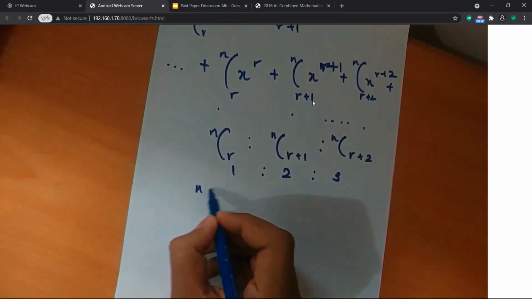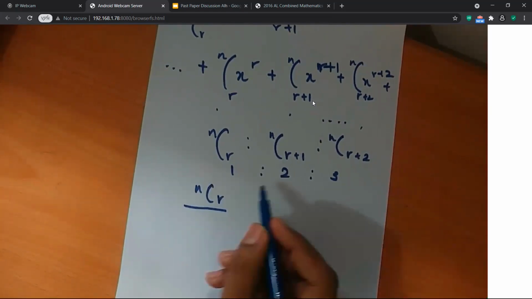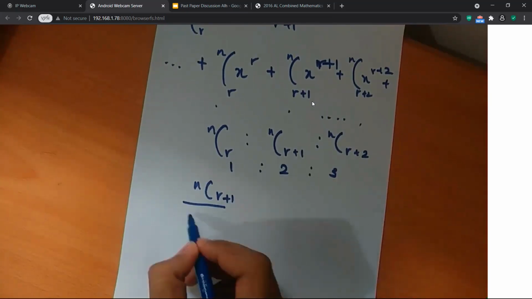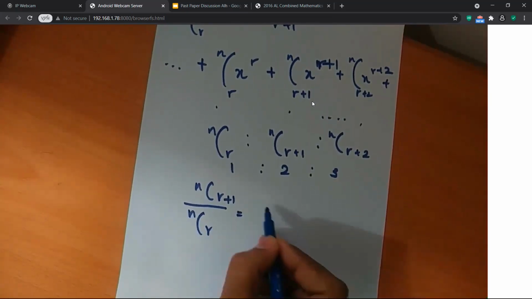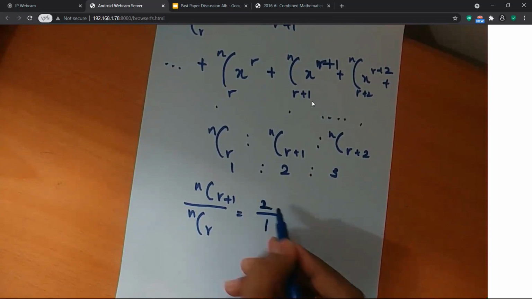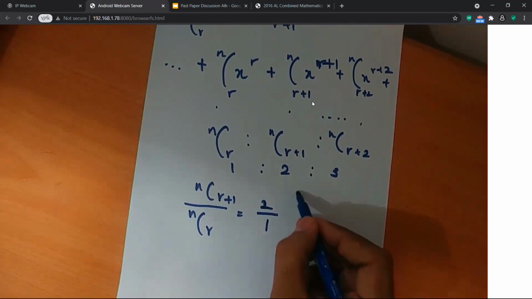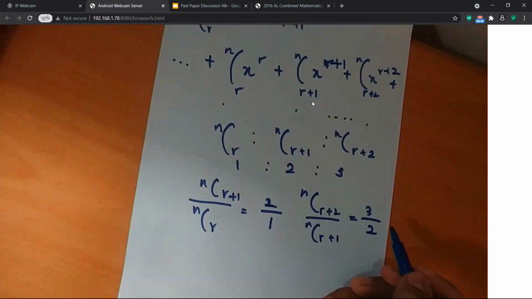So the ratio can be written as a fraction, right? We'll take this divided by this and this divided by this. nC(r+1) divided by nCr is equal to 2 over 1. And nC(r+2) divided by nC(r+1) is equal to 3 over 2. Right?